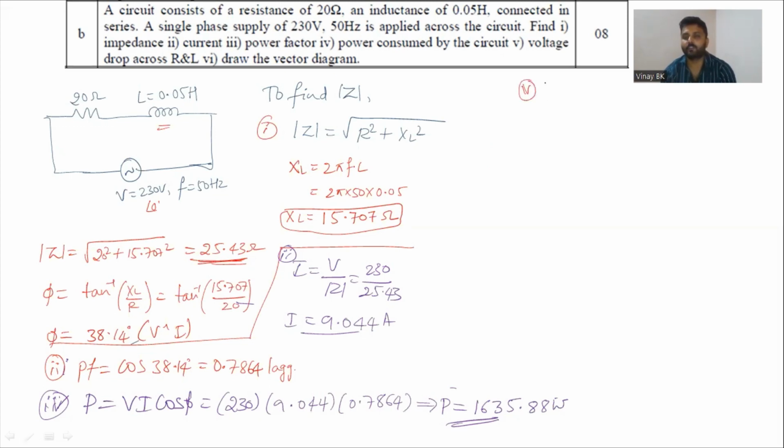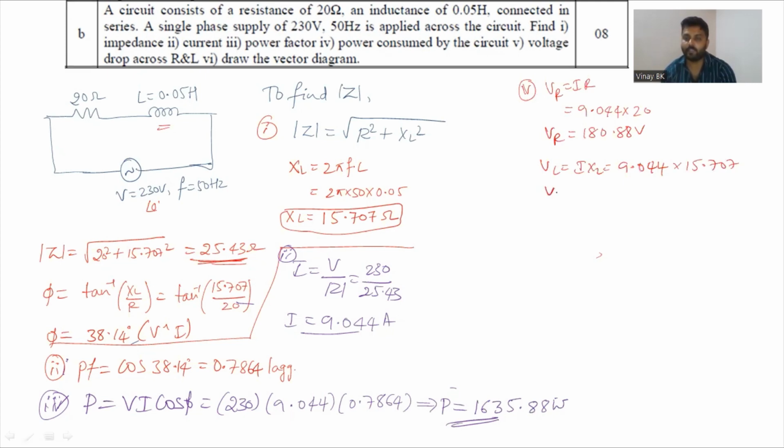So fifth point, VR is given by I into R. You know the value of I, you know the value of R. 9.044 into R is 20. 9.044 into 20, you can get 180.88. VR is 180.88 volts.